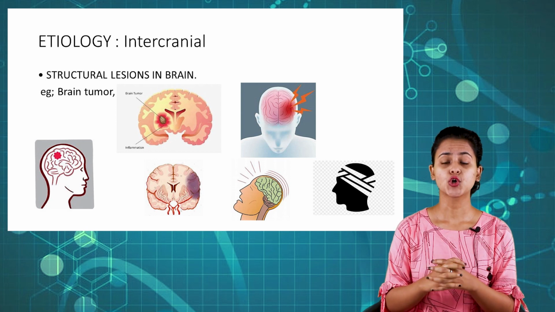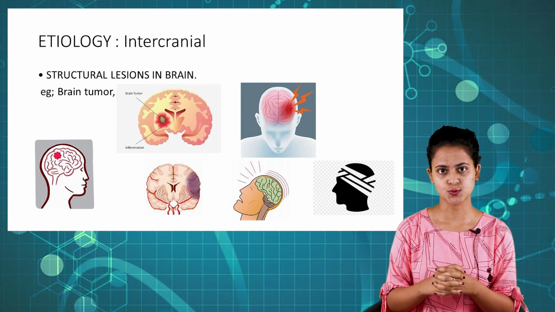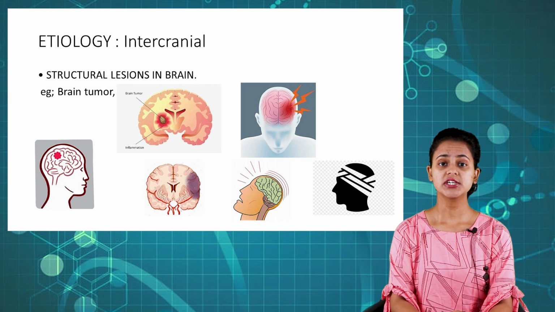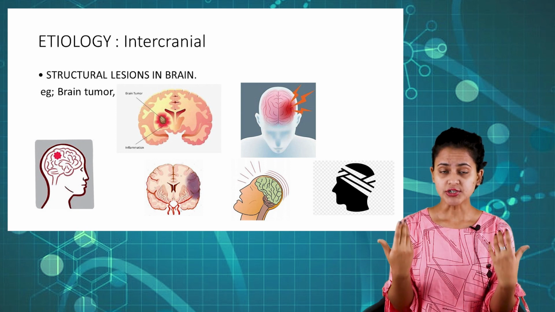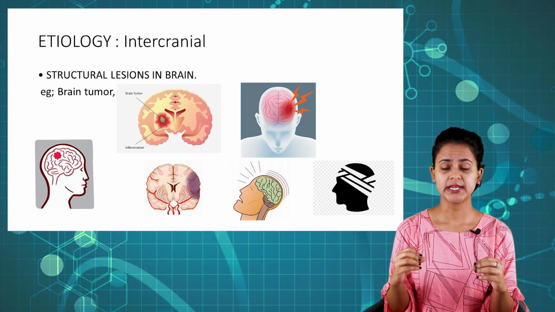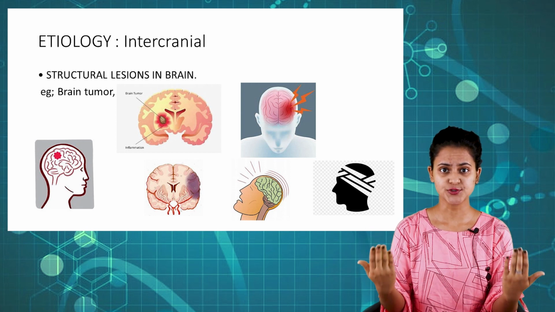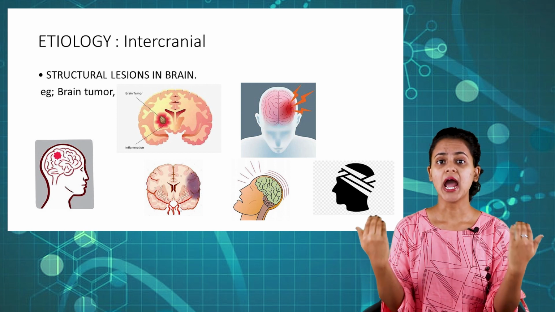The next common etiological factor which is almost always associated with the development of unconsciousness is a structural lesion inside the brain. A structural lesion inside the brain often suggests conditions like brain tumor or cerebral hemorrhage.